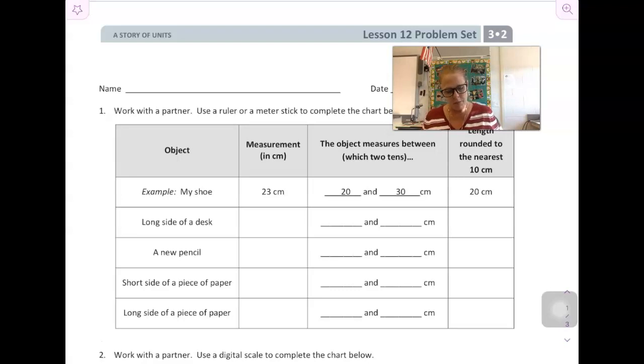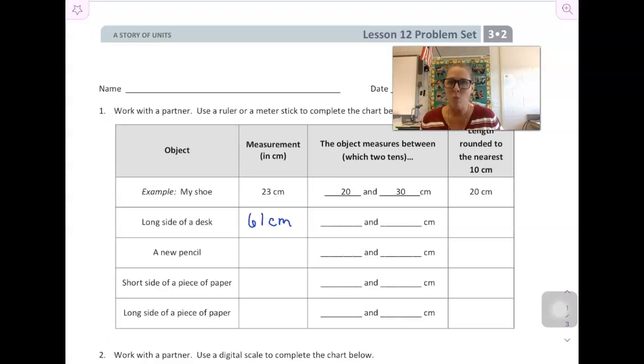So when I took a measurement of the long side of a desk, we got 61 centimeters. So go ahead and write that in the box there. And we are figuring out which nearest 10 centimeter this is closest to, because we are estimating lengths and we are rounding our numbers.